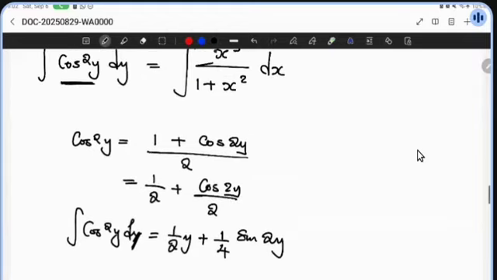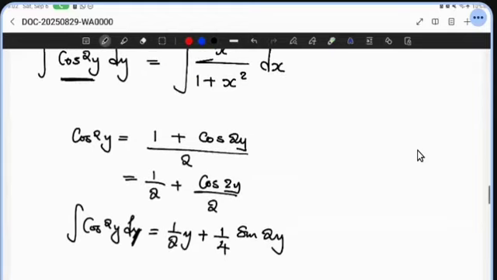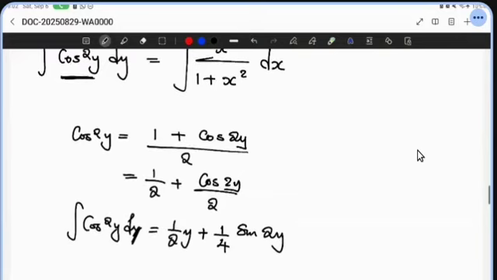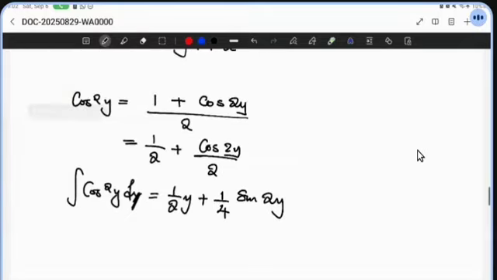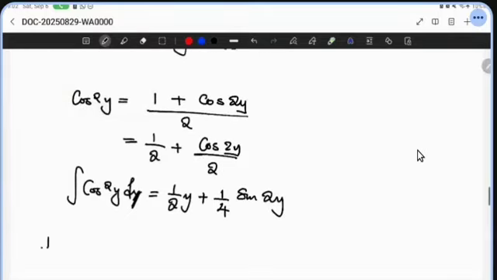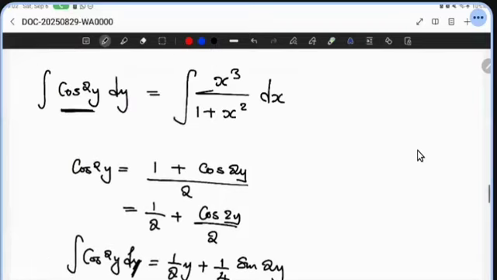Are we okay there? Okay, so we now have y over 2 plus 1/4 sine 2y. This is just from the left-hand side.